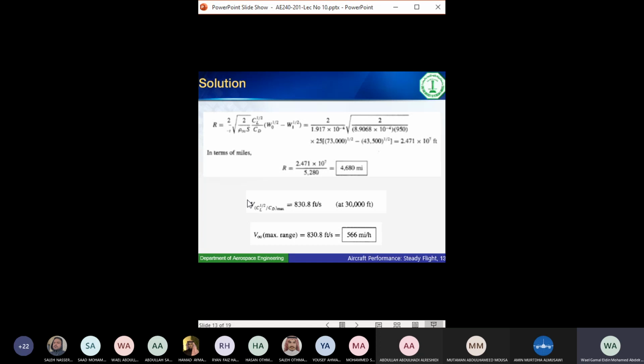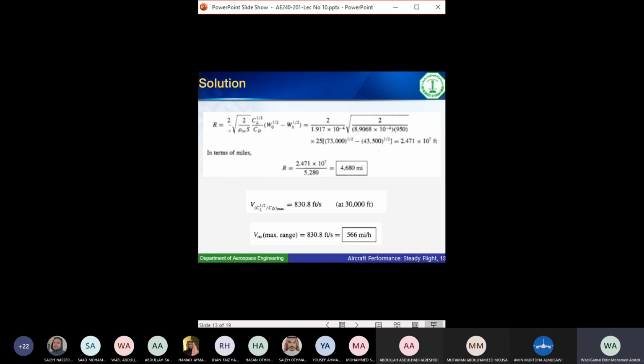It is in your formula sheet for the midterm, and you also did it in the homework. This speed, also a function of K, CD naught, S, and so on, turns out to be 830 feet per second at 30,000 feet. So the range is 4,680 miles, but in order to do it, you must be flying at 566 miles per hour.